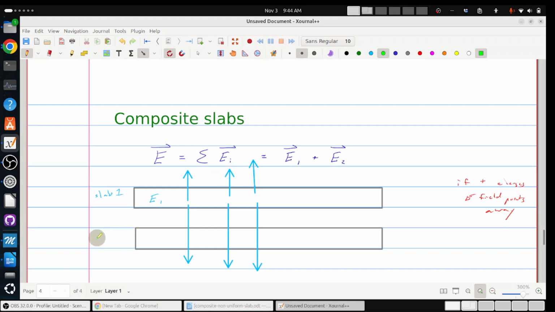And my slab 2 will have electric fields pointed away from slab 2.